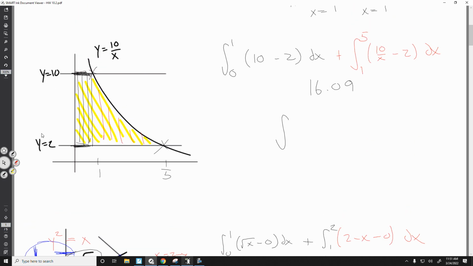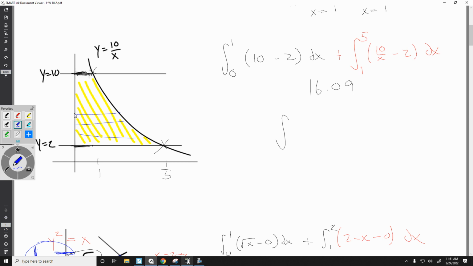Let's do this one. What did you get? Because I get a little bit confused here. I've always been right minus left, but I don't see the left here. Oh, the left is x equals 0.